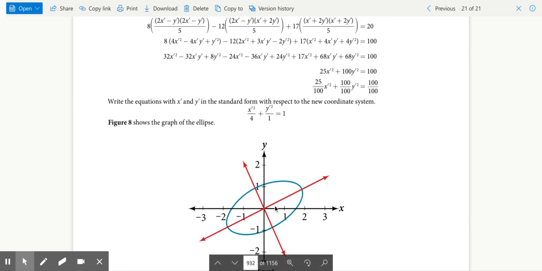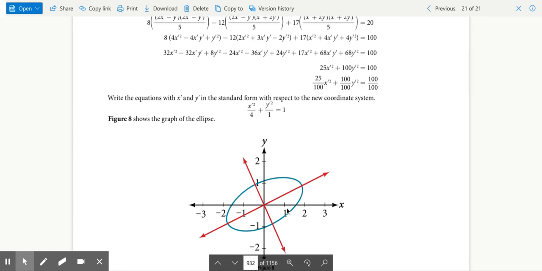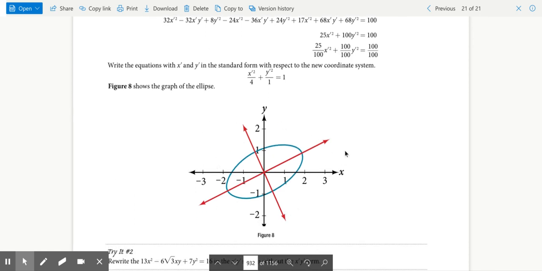Sorry, I got confused from the last example. We don't actually know what theta is because we never figured it out. We could have. You just put the inverse in your calculator and you could find that out pretty easily. But this is what you would get from this equation with the new axes, right?